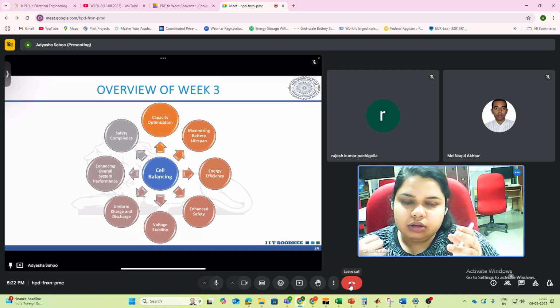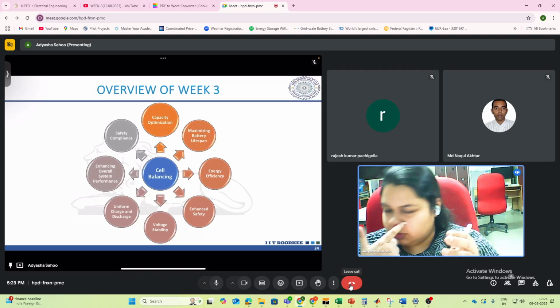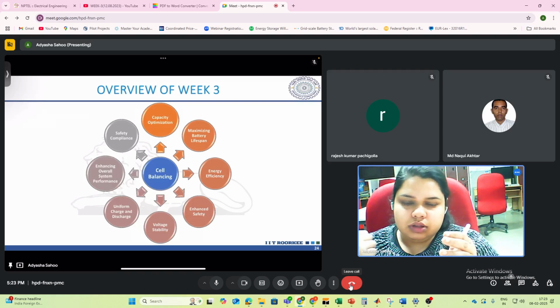The 10% SOC cell will go to a greater depth of discharge, which can hamper its operation, and similarly for the higher SOC one. So each cell's SOC should be the same within the overall battery connection.